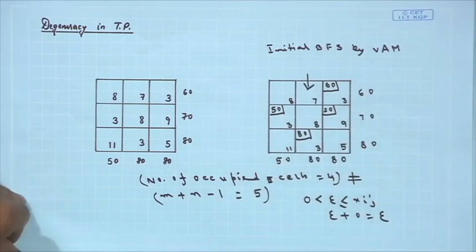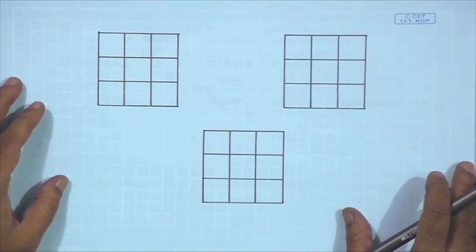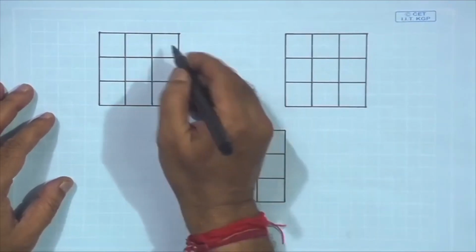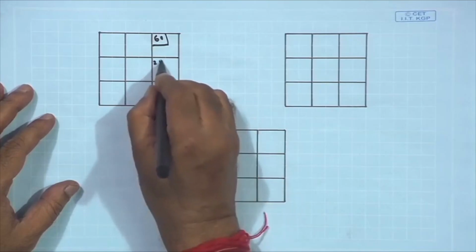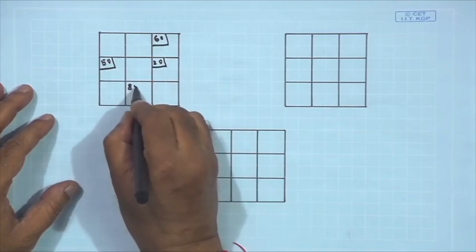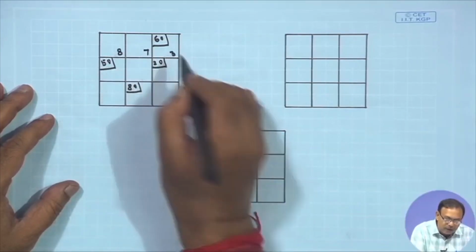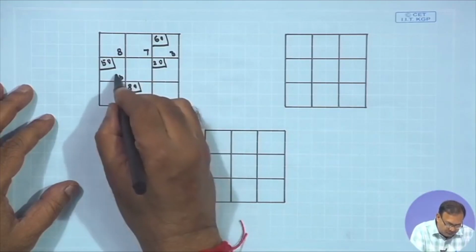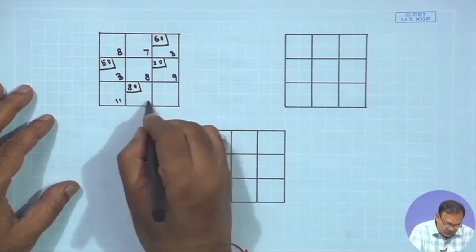So, assigning epsilon in a particular cell, you will obtain a table like this. That is, you are having the initial solutions 60, 20 and 50. Here it is 80, values are 8, 7, 3, 3, 8, 9 and 11, 3 and 5.